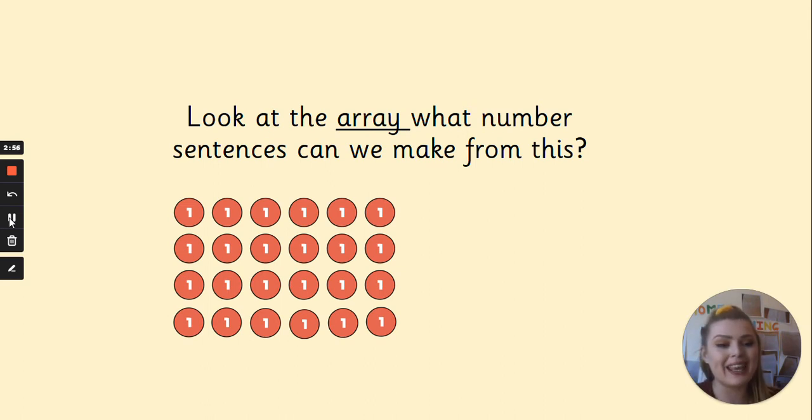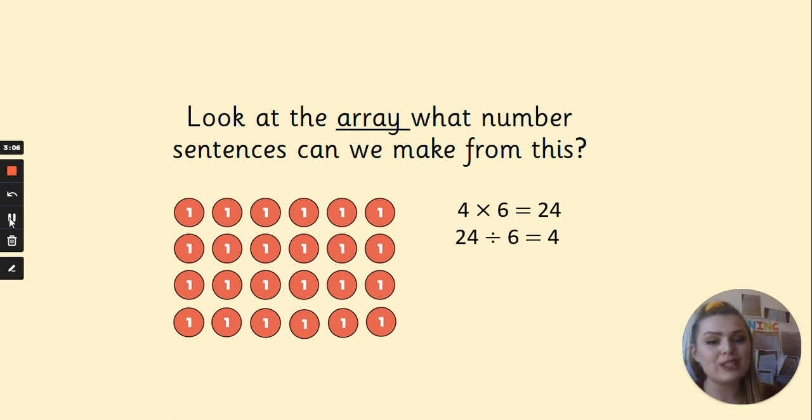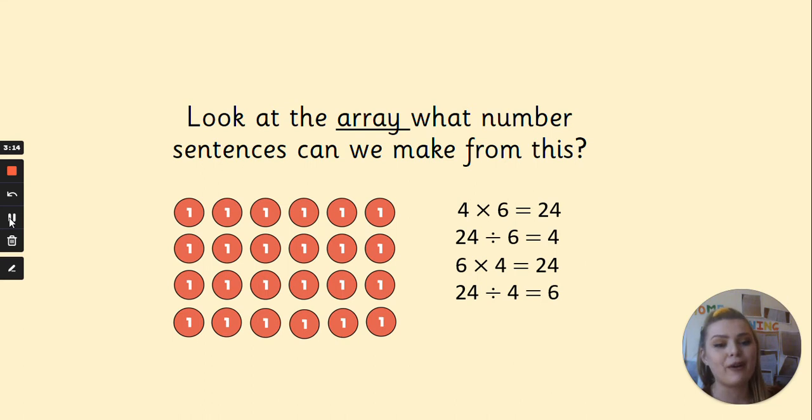Maybe you could tick these on your sheet if you got these multiplication and division sentences. So 4 times 6 equals 24. 24 divided by 6 equals 4. 6 times 4 equals 24. And 24 divided by 4 equals 6.